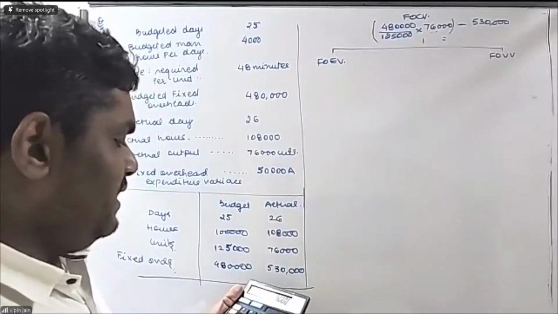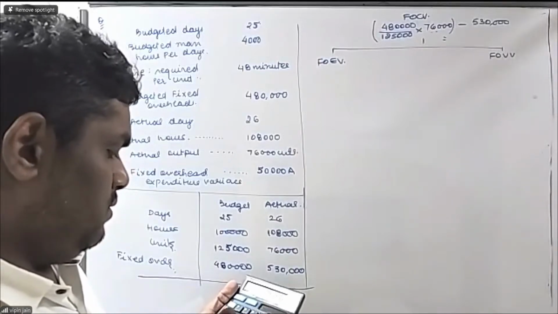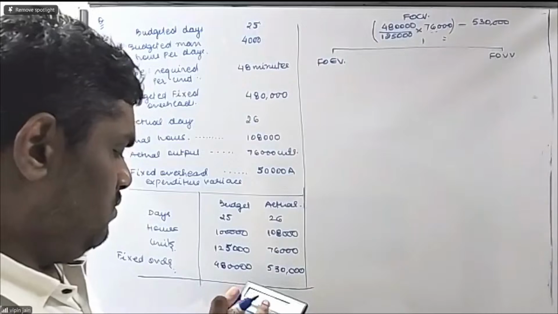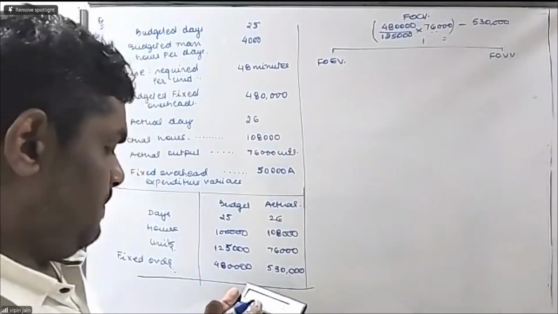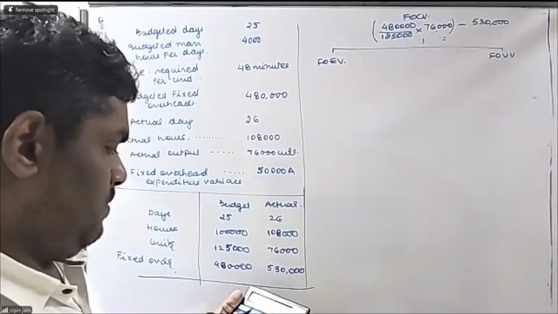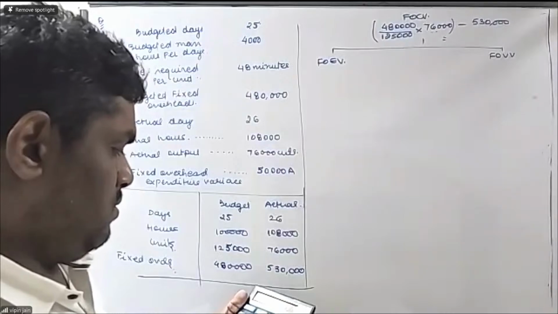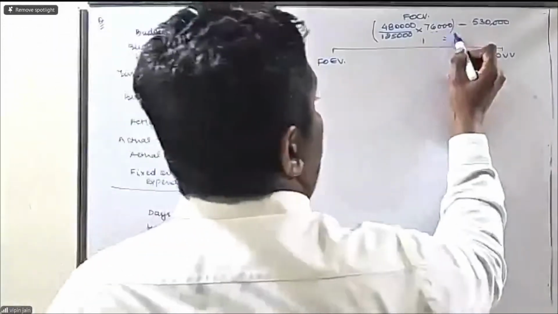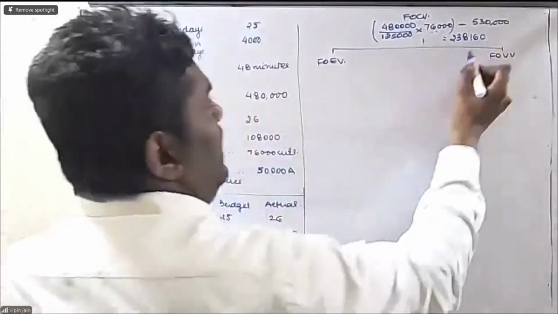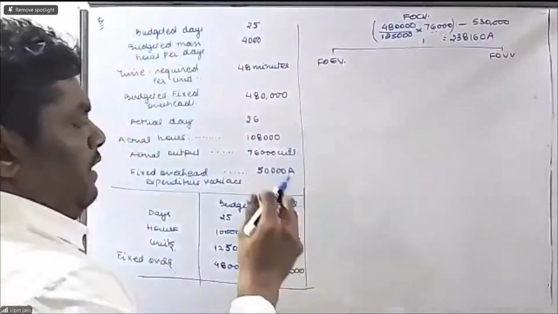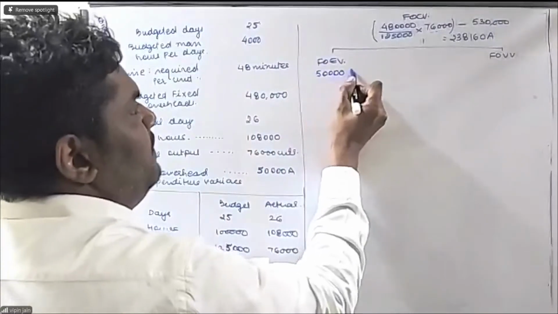So for 76,000 units, how much? Minus 5,30,000. This is 1,38,160 adverse. When talking about expenditure variance, it is 50,000 adverse, given straight away.